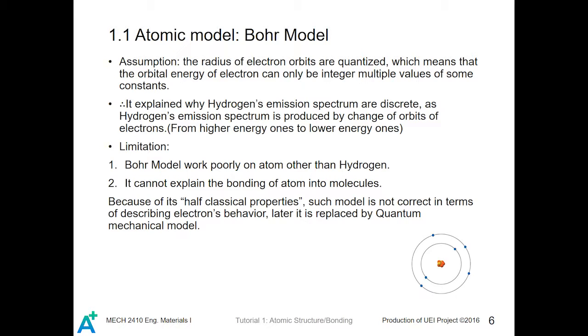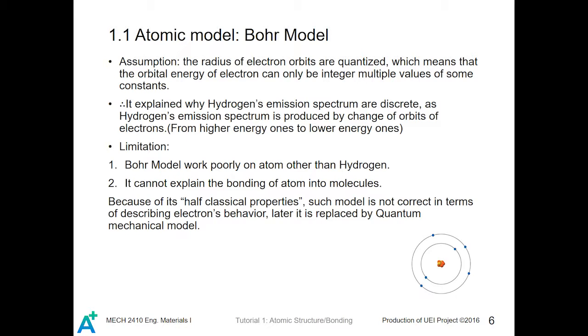However, there are some limitations in this model. First, the Bohr model works poorly on atoms other than hydrogen. And second, it cannot explain the bonding of atoms into molecules. Such limitation is mainly due to its semi-classical properties.